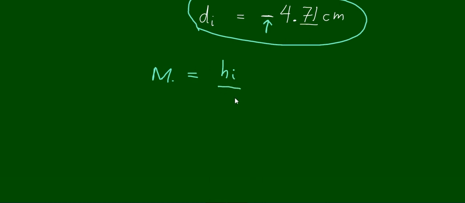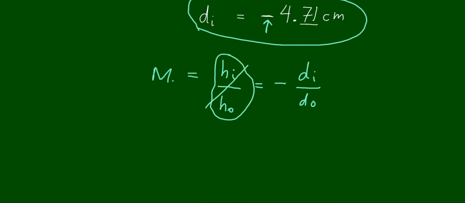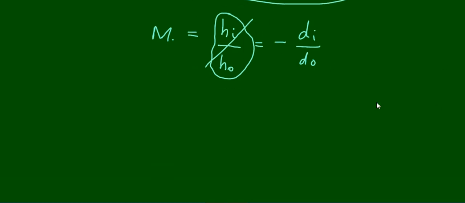The height of the image as a ratio to the height of the object is equal to negative the distance to the image divided by the distance to the object. In this case, we do not have any data concerning the heights of either the image or the object, so this is not of use to us, and instead we will look at this form of the equation.